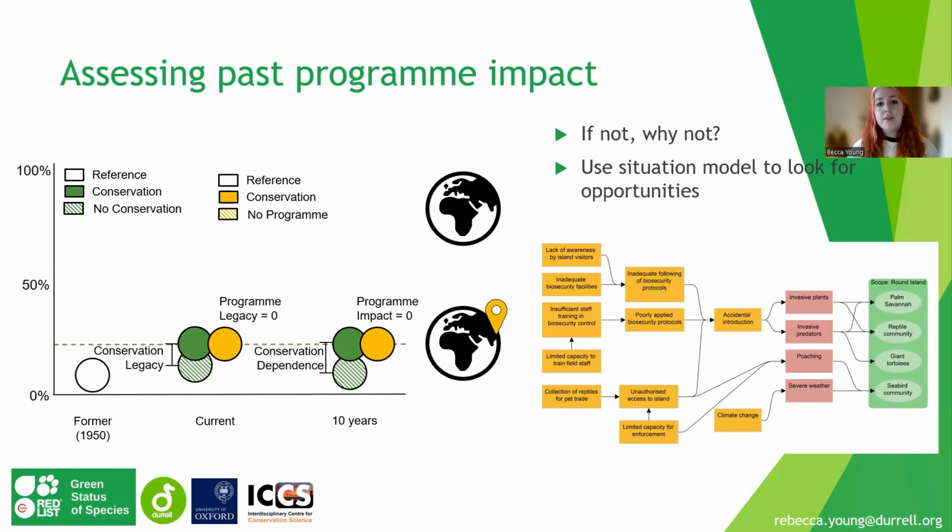How could we increase this program in a way that we could have this larger impact? So going back to the situation model gives us an opportunity to see where we might be able to either expand the geographical scope or expand the capacity through collaborations. It kind of takes us back to the drawing board to help us understand how we could have a bigger impact.